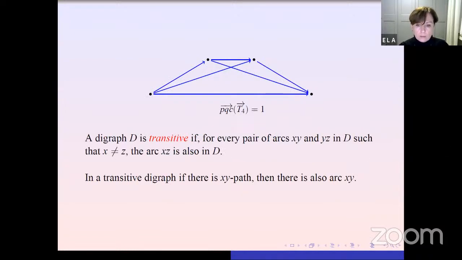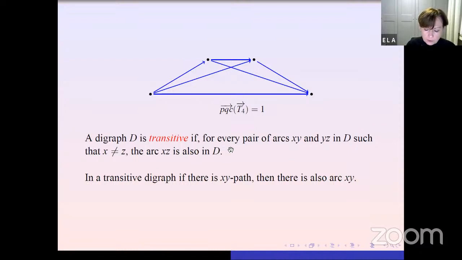And one more example. This digraph is also properly quasi-connected. All arcs are colored with one color. As we can see, this digraph is transitive. What does it mean that a digraph is transitive?